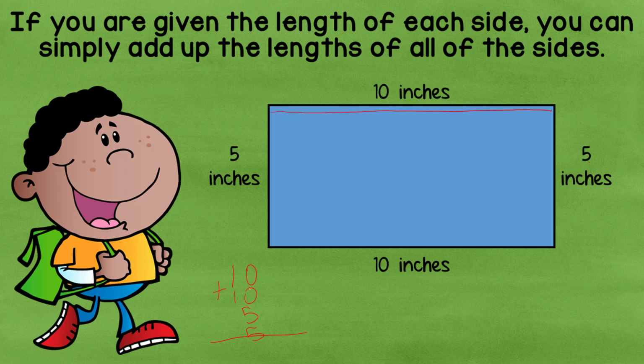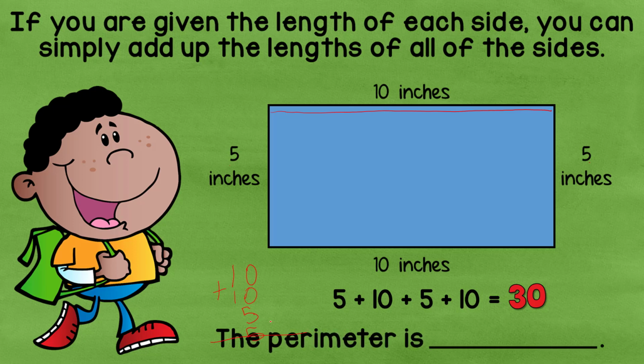10 and 10, that's 20, plus 5, 25, and another 5, we should get 30. Now our units is inches, okay?